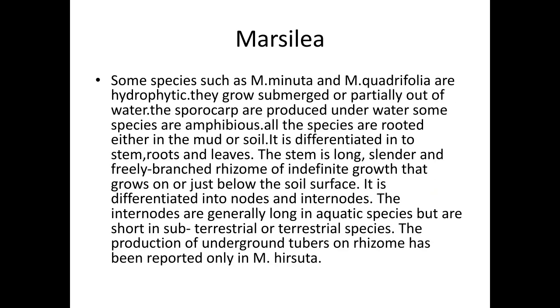It is differentiated into nodes and internodes. The internodes are generally long in aquatic species but are short in subterrestrial or terrestrial species. The production of underground tubers on the rhizome has been reported only in Marsilea hirsuta.